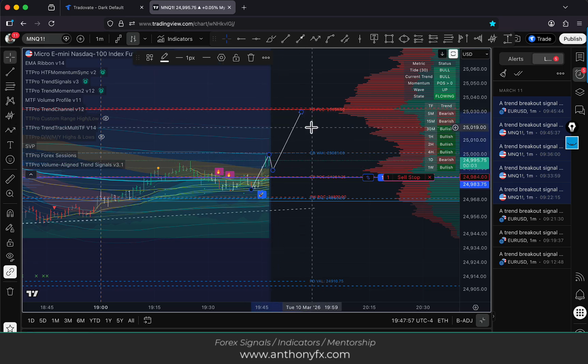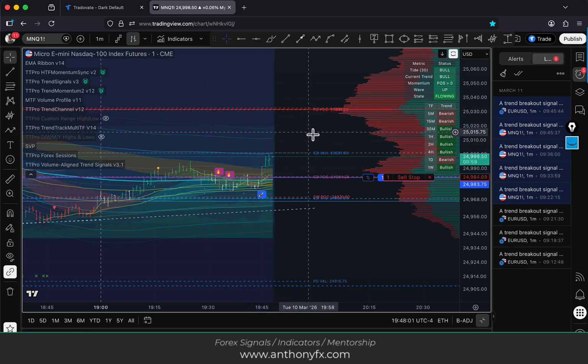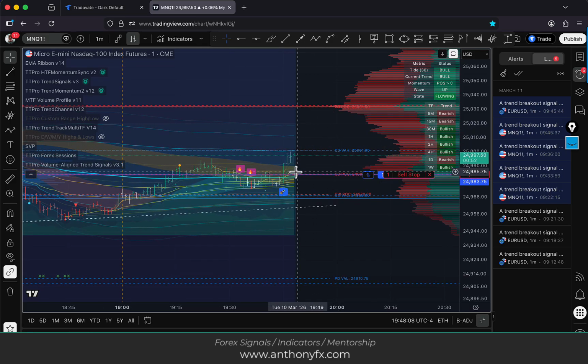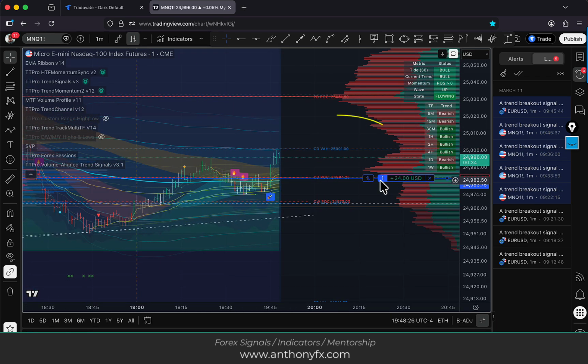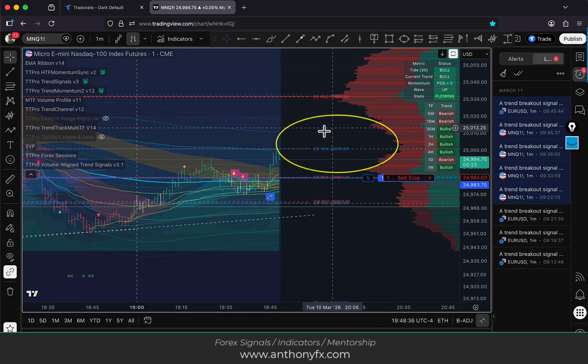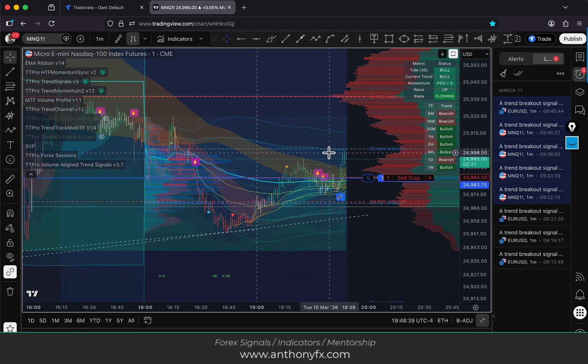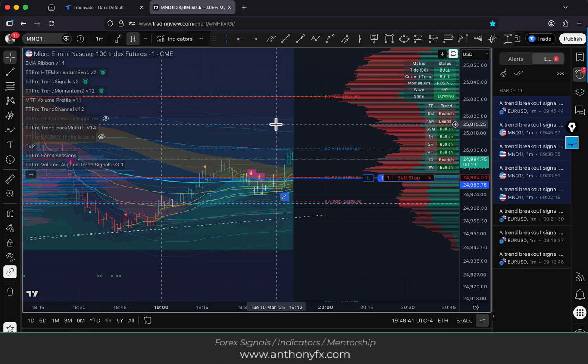Targeting point of control. Hopefully we don't get taken out. If we get taken out, we just look for another entry point, hopefully lower, at a better entry price, but we'll see how we go. I like this gap through here. This thing can really move through the Asian session as well.